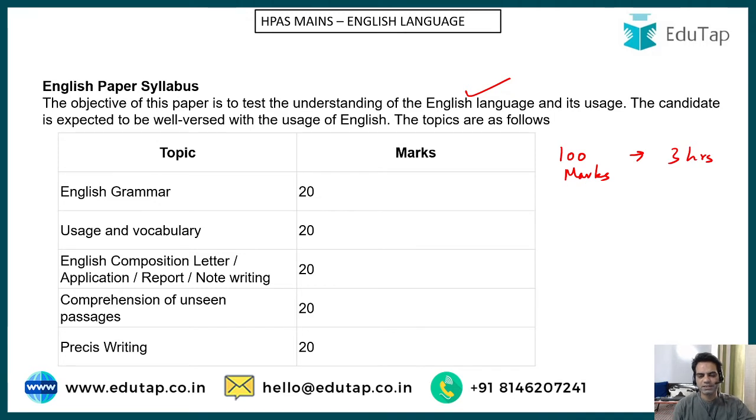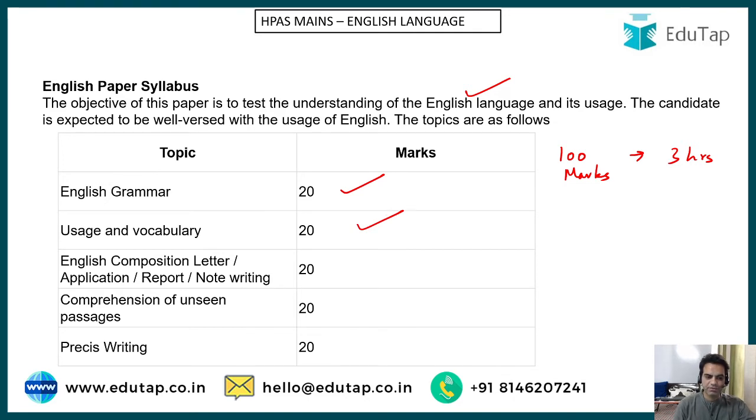So guys, 3 hours is an ample amount of time and you can finish a lot earlier than usual, because if you have prepared well, drafting would not take as much time as you are expecting. But let's see the segregation of the marks. English grammar has been awarded 20 marks, then 20 marks for usage and vocabulary.